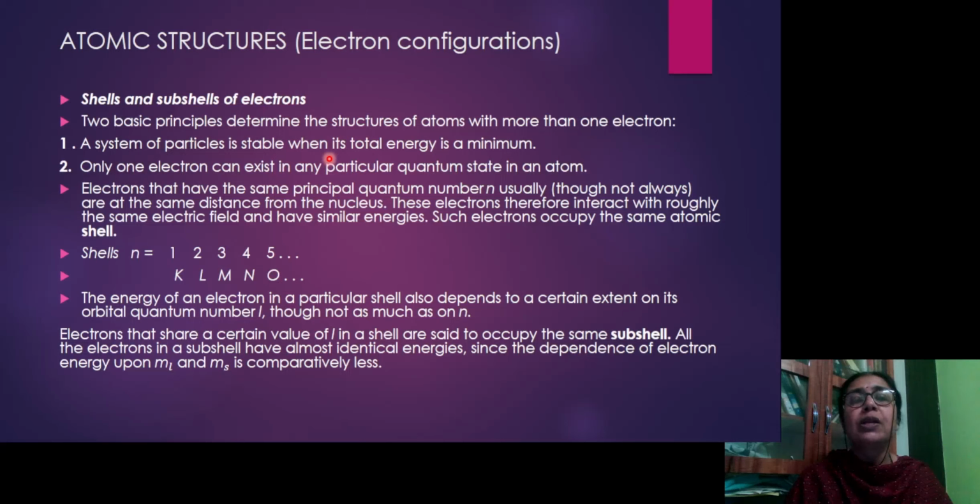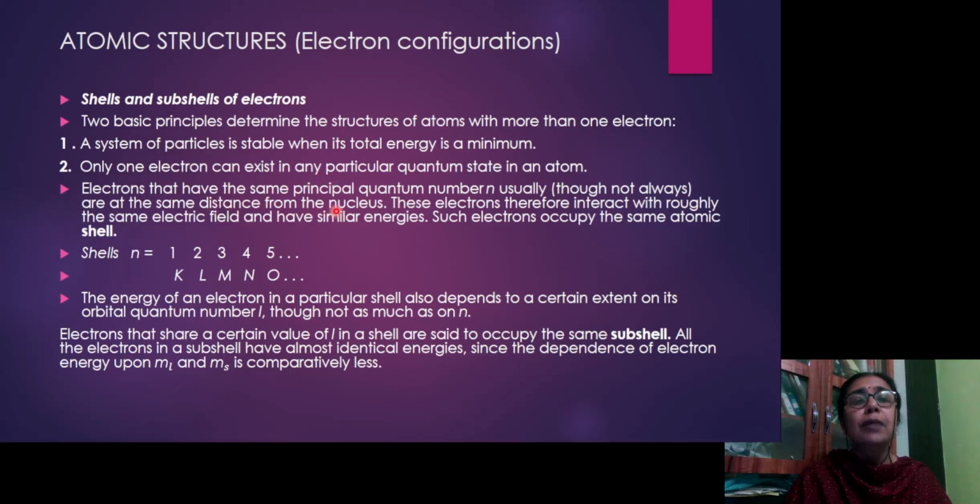The first principle talks about the minimum energy arrangement of electrons, and the second principle talks about the quantum state that is decided by the quantum numbers, and the Pauli's exclusion principle, which states that electrons have to differ at least in one quantum number from each other. So these two principles decide or determine the electronic configuration inside an atom.